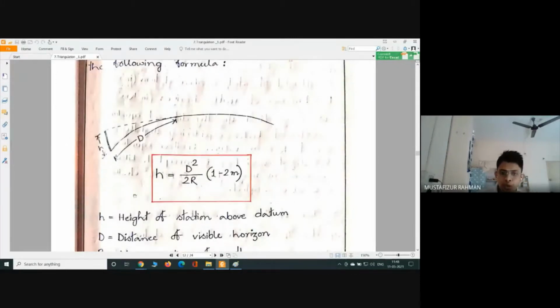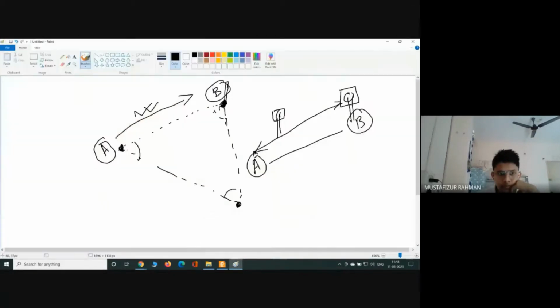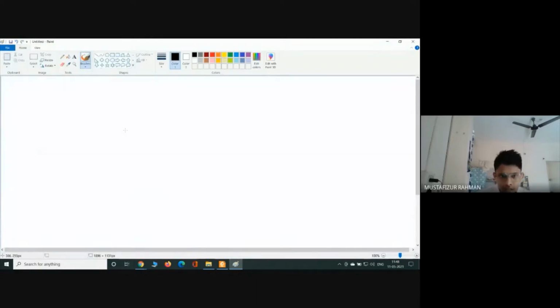Now, with this formula we have to find out the height of the objects. Say, for example, this is the datum. This is the reference line.